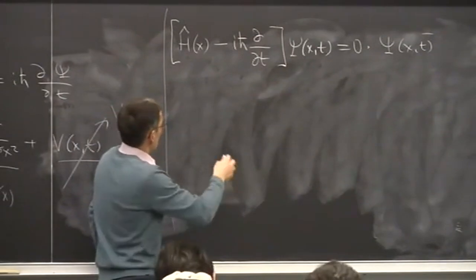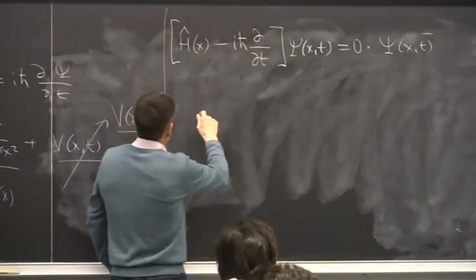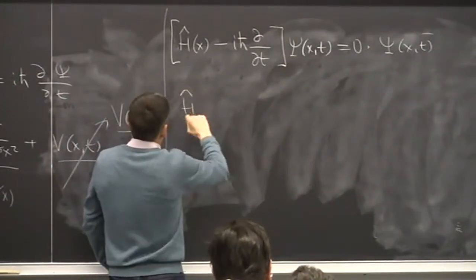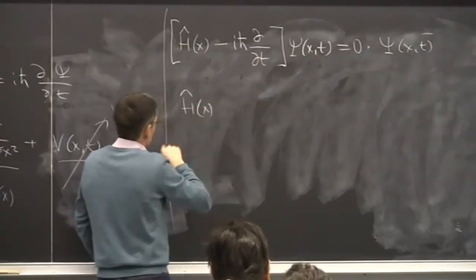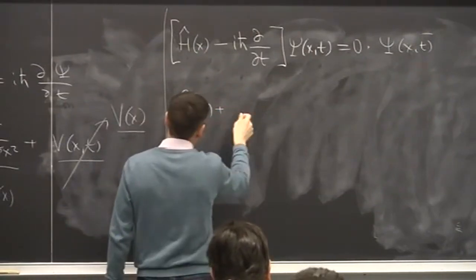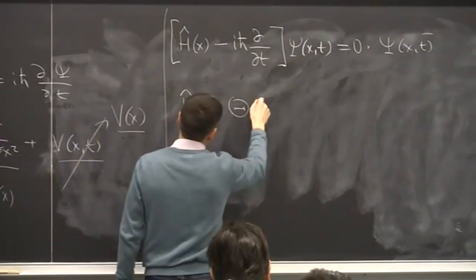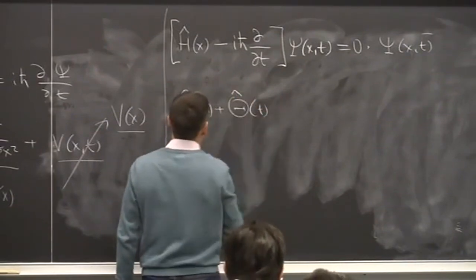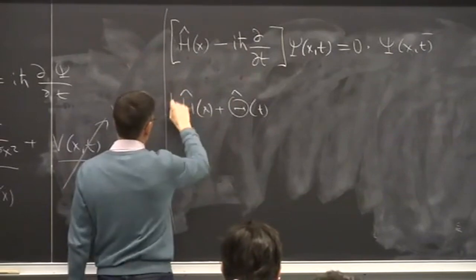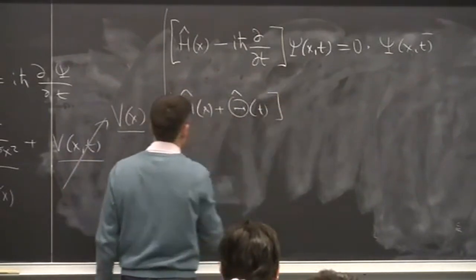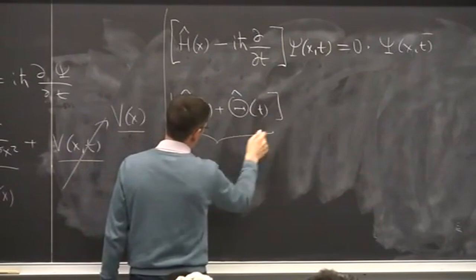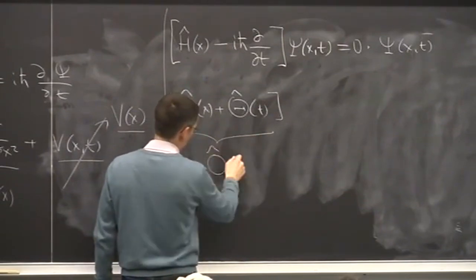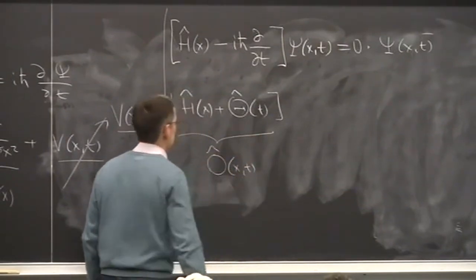I would do that because then it looks like, algebraically, without going into the details, it's like I have two operators, some of them, which can be thought of as an operator of x and t, right?